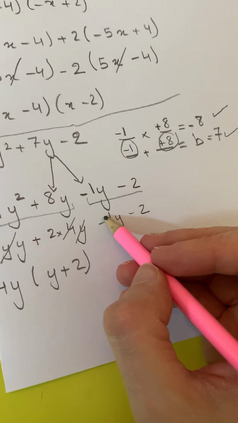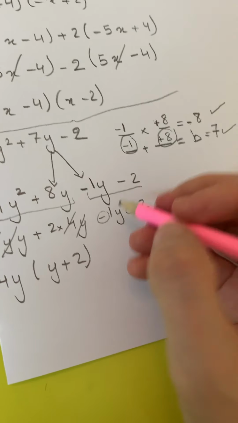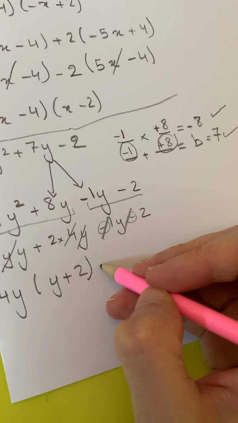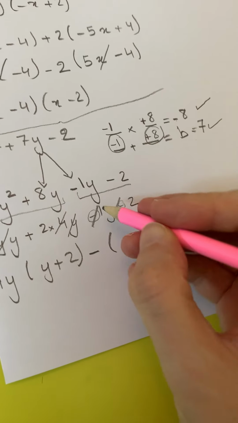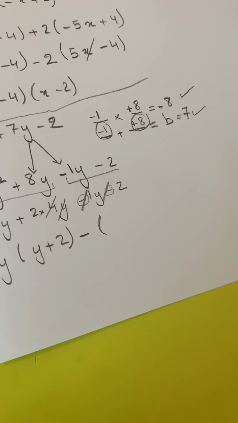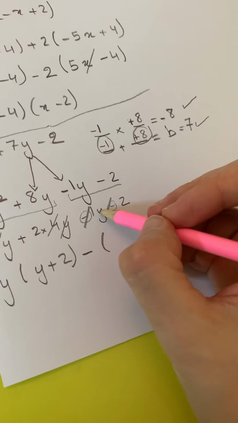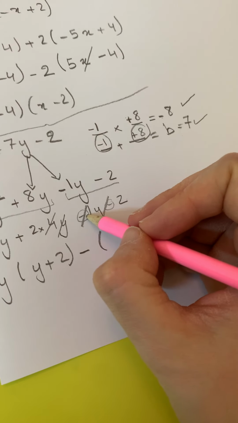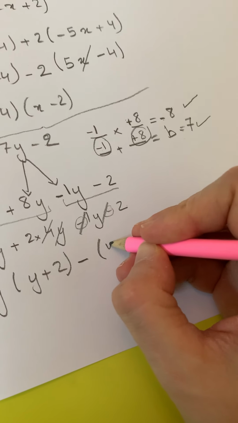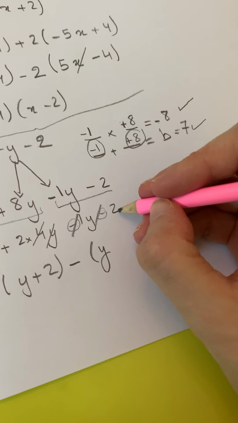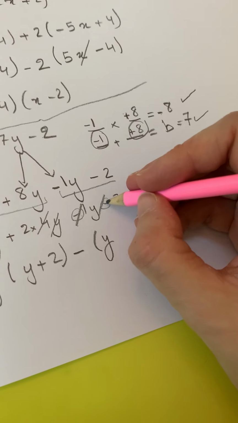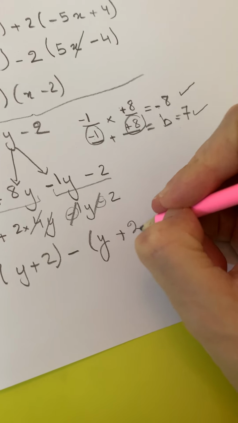Here, you can see that the common is negative. So cross it, put it outside, and inside the signs you have to flip them because you already put the negative outside. So the y, because you took the minus from it, it will be positive y. And 2, because you took the minus from it, will be positive 2.